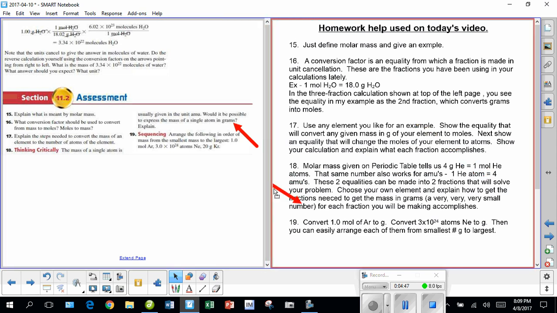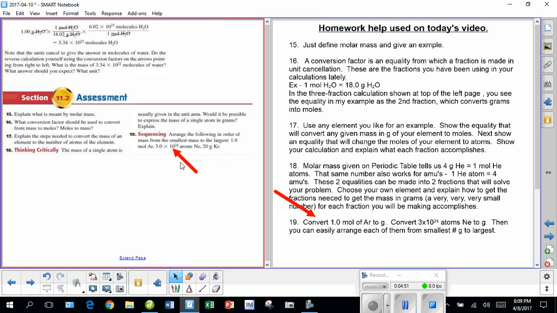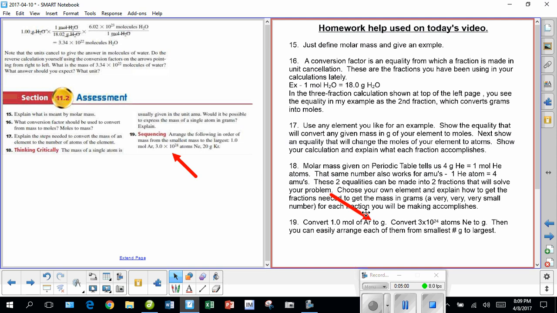So I hope you find that helpful, because I think a lot of you may find that difficult to understand. Sequencing, this one's pretty easy actually. All you have to do is convert moles of argon to grams, and you just do that with molar mass, and then convert your atoms that are given into grams. Converting the atoms to grams, of course, is going to be a 3-fraction type problem.